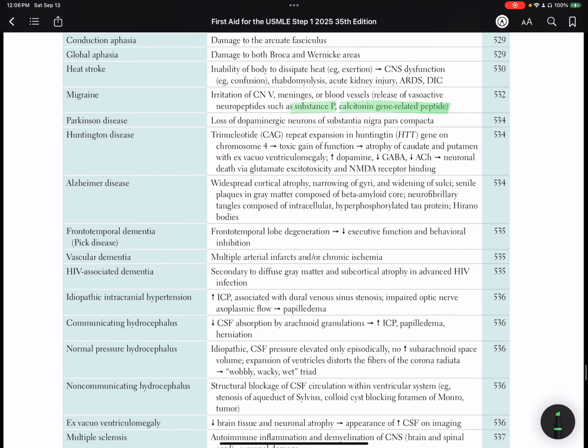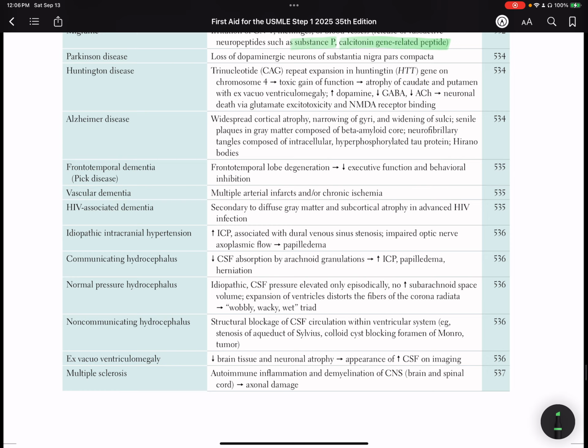What causes Parkinson's disease? Parkinson's disease is loss of dopaminergic neurons of the substantia nigra pars compacta. What causes Huntington disease? Huntington disease is a trinucleotide CAG repeat expansion in the Huntingtin HTT gene on chromosome 4.